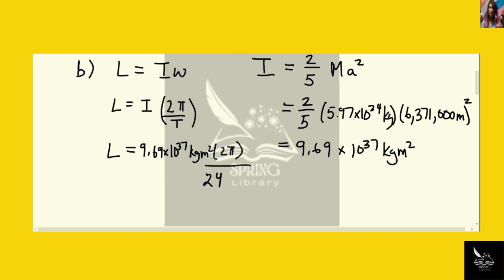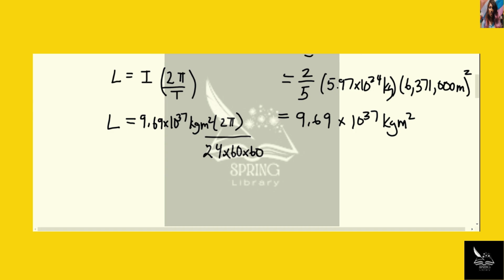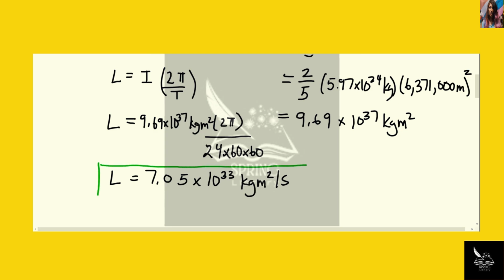The rotation of the Earth takes 24 hours, and we multiply by 60 twice to get that into seconds. Once we do that, we get a value of 7.05 times 10 to the 33 kilogram meters squared per second. So that is our angular momentum of the Earth due to the rotation about its axis.